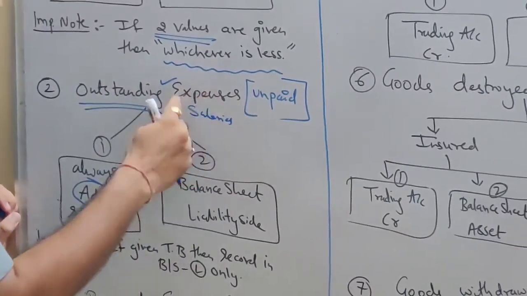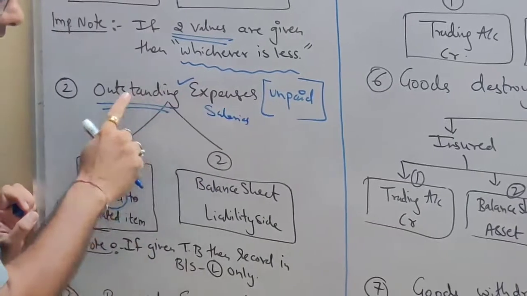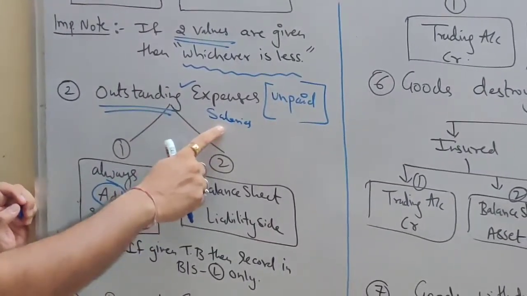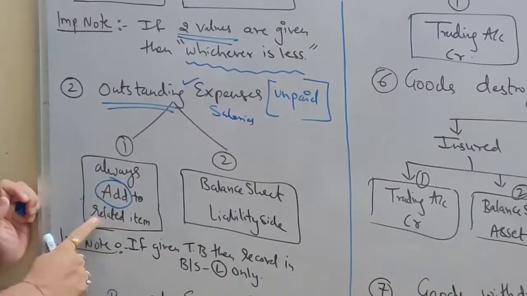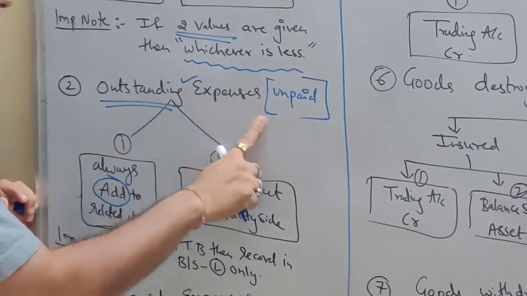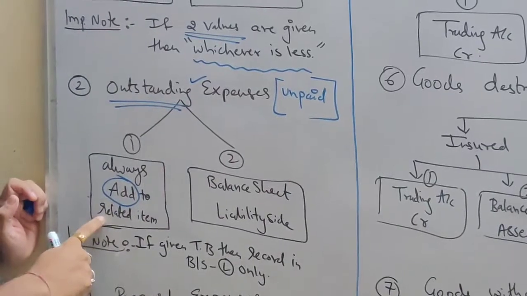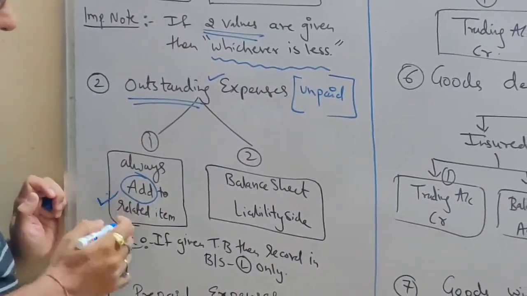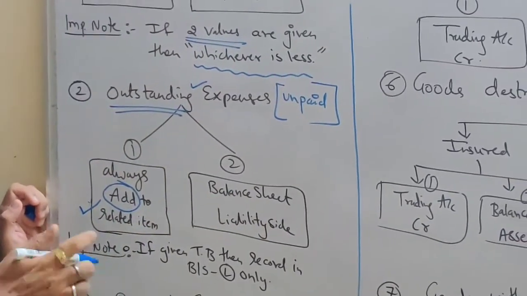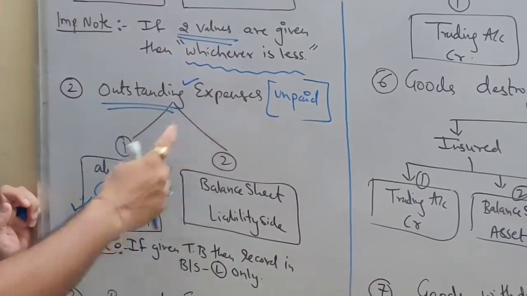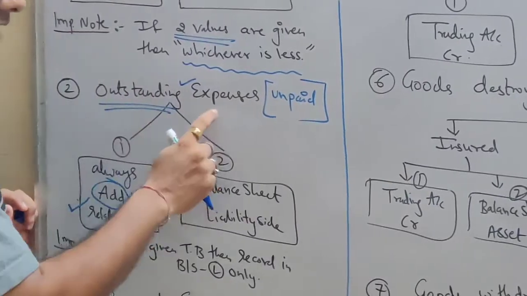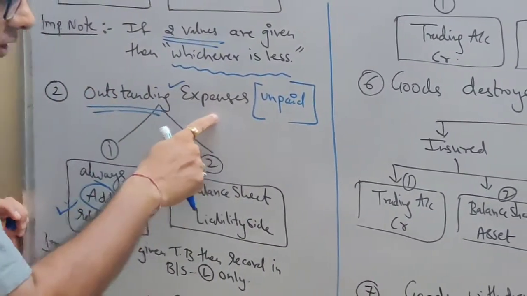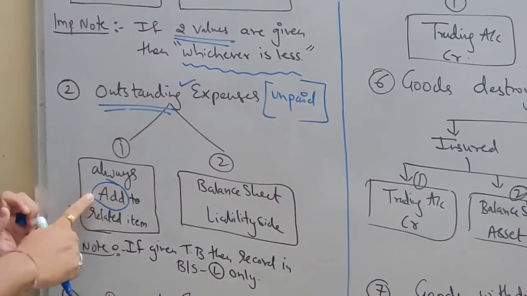If it is outstanding salary, you will add to the related item, that is salary. If it is outstanding wages, you add to wages. I am not writing a particular item here; I am writing anything related which they have given in the sum. If they have given outstanding insurance, add to insurance. Am I clear with this, students?